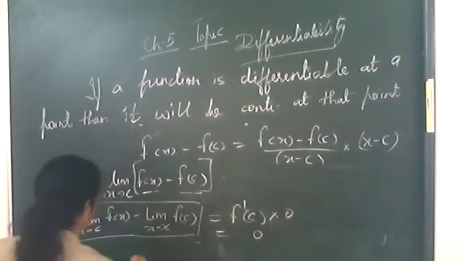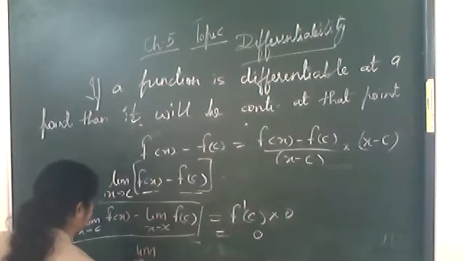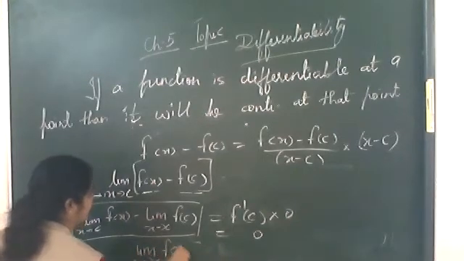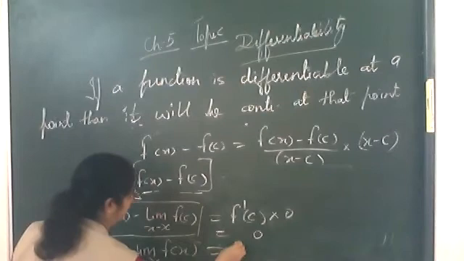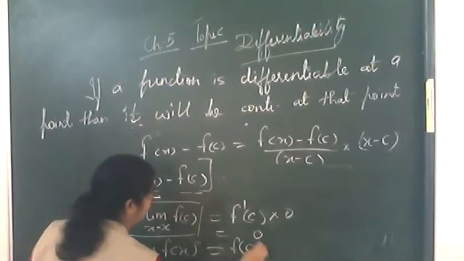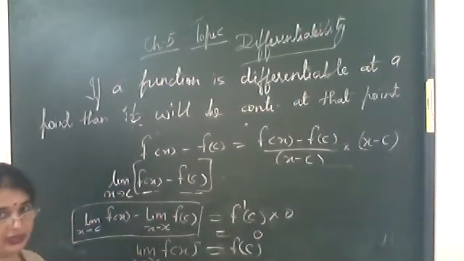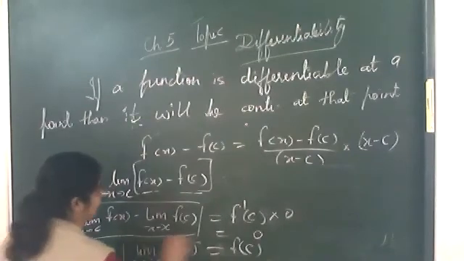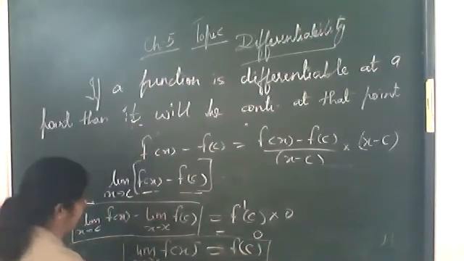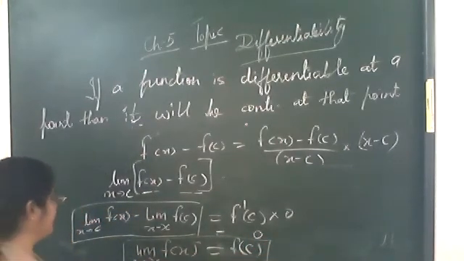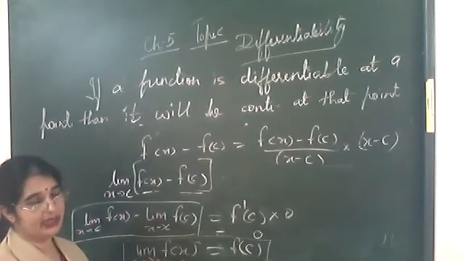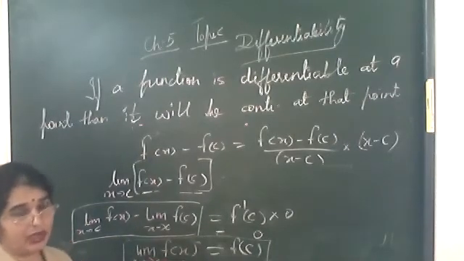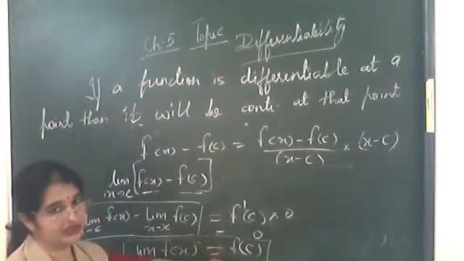Now if this quantity is 0, we can write limit x tending to c, f(x) will be equal to f(c). So this is the condition for continuity, which we have done in the last classes. Limit exists means left hand limit is equal to right hand limit is equal to value of function.